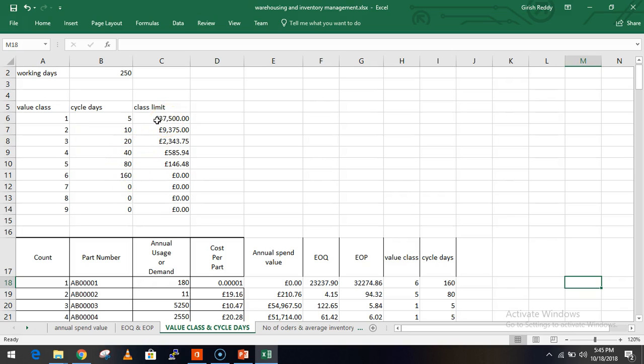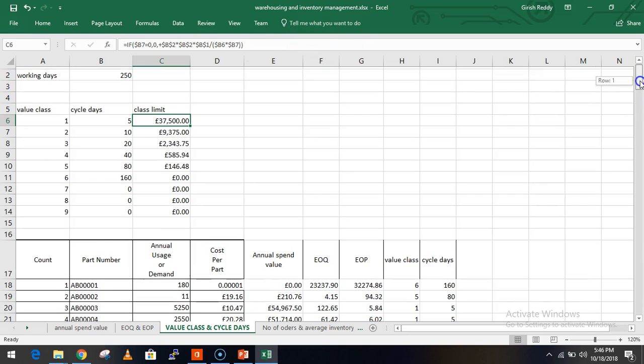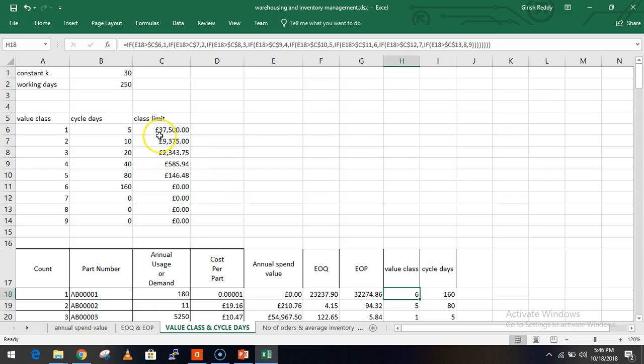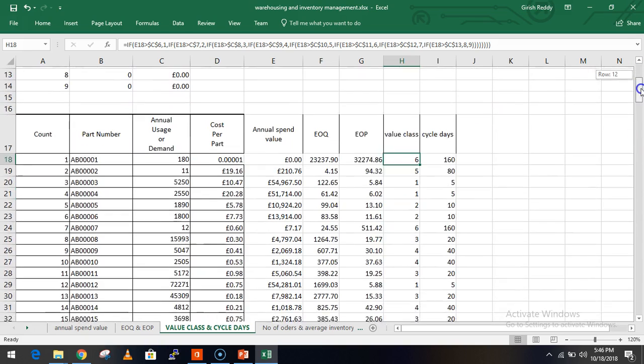Now we will be calculating the class limit. This is the formula that I have used for calculating the class limit. Once we get a class limit, we have to calculate the value class.